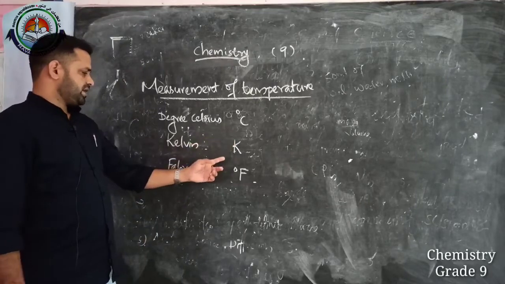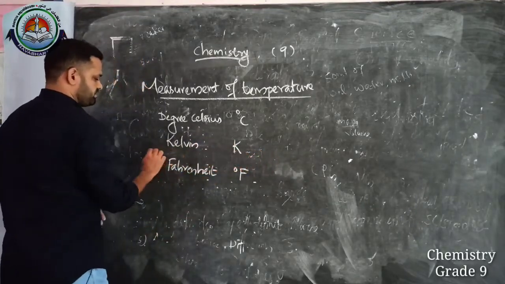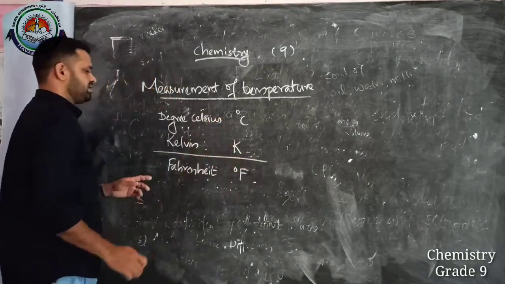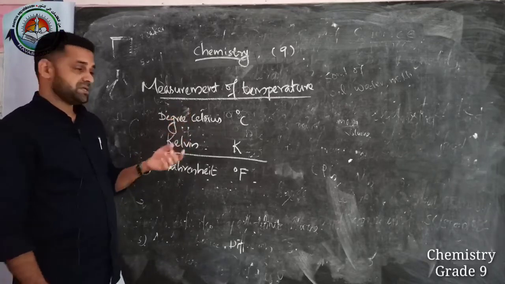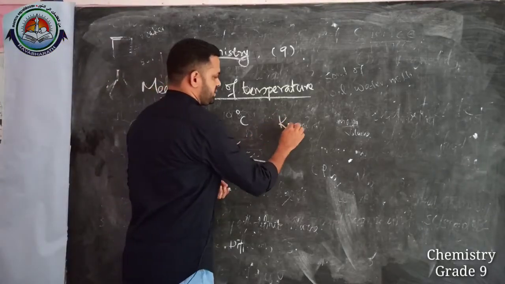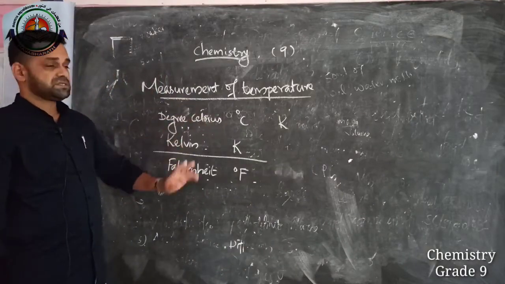We are considering degree Celsius and Kelvin scale, and the SI unit of temperature is what? It is Kelvin, represented by K. The SI unit of temperature is Kelvin.